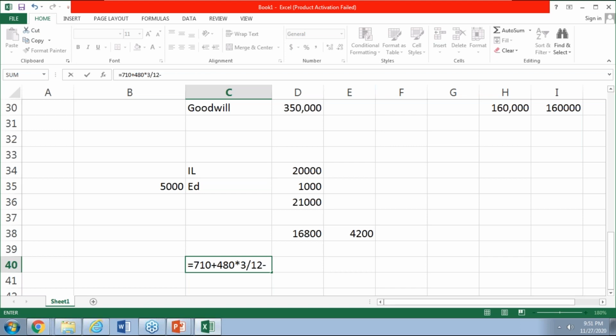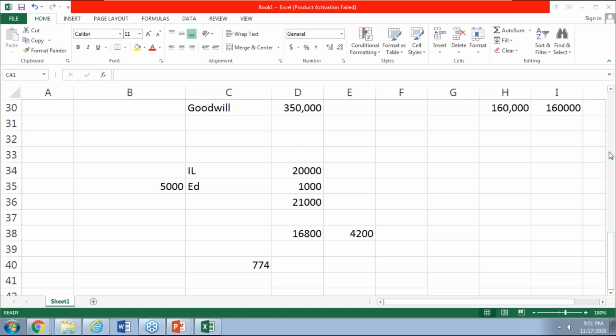If the question says that from the date of the acquisition, the parent company sells goods consistently 20,000 per month, as it has been 3 months after the date of acquisition, we have to take 3 months sales, which is 60,000. And finally, unrealized profit will be added here, which is 4. So this is how we have calculated 774.